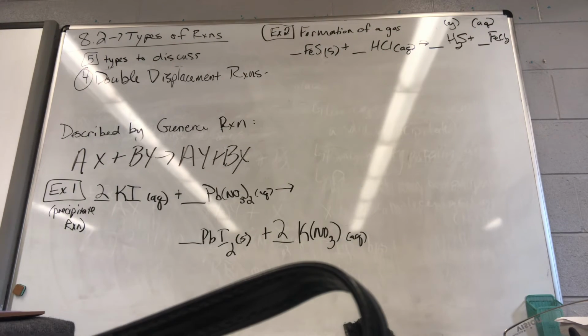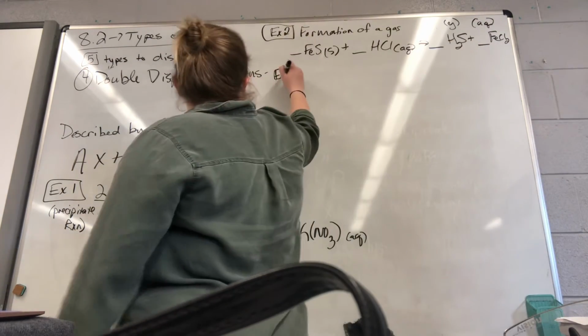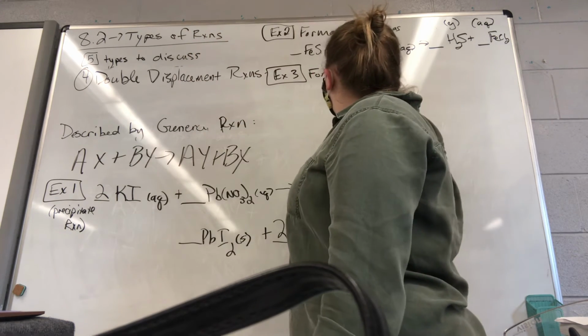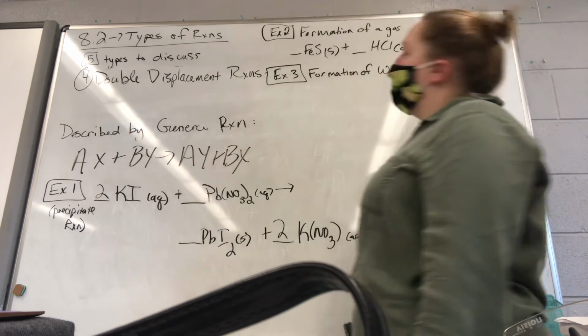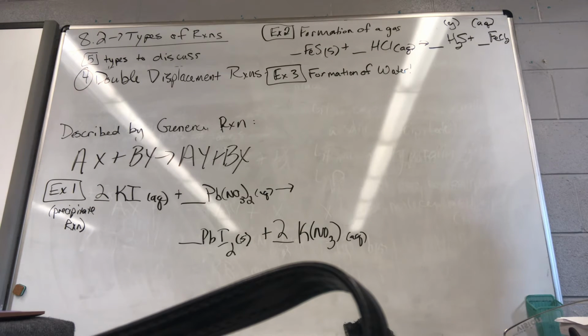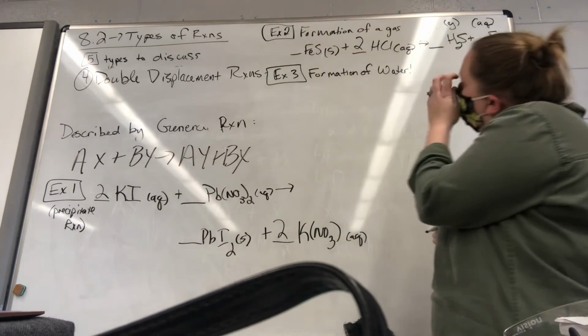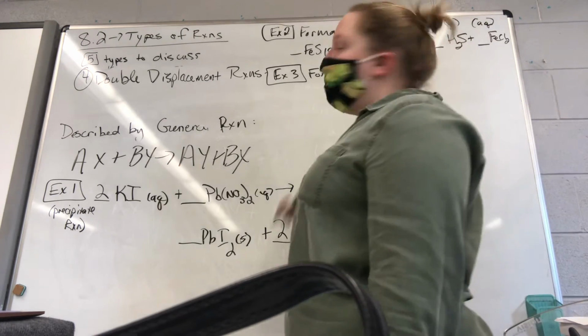I write yours the other way. So that one forms a gas. That's the H2S, so the hydrogen sulfide. Formation of water. Please be balancing them as you go. It's good for you. That was easy.